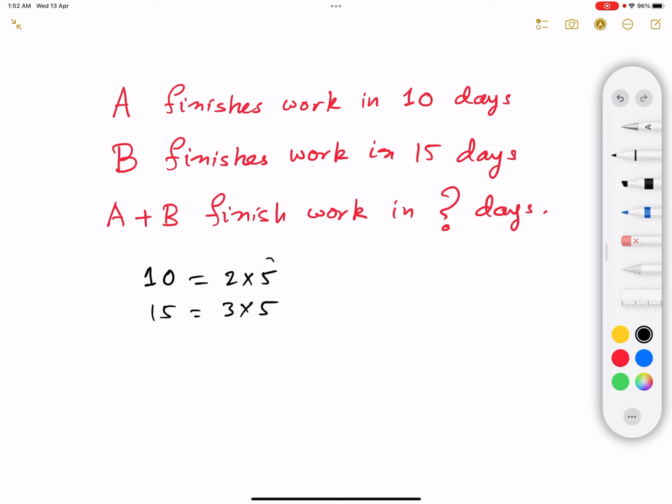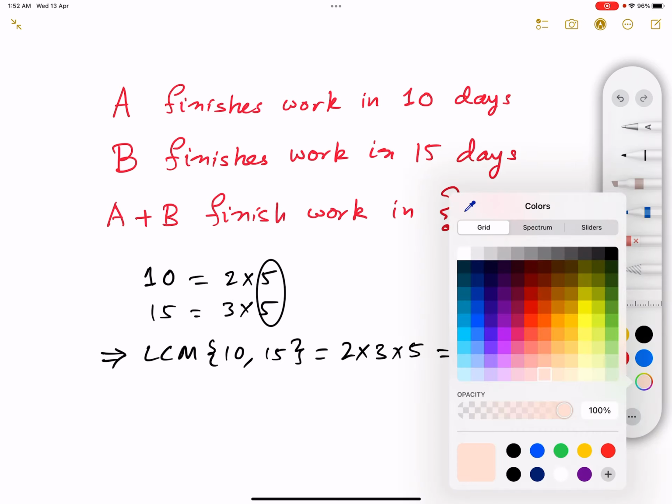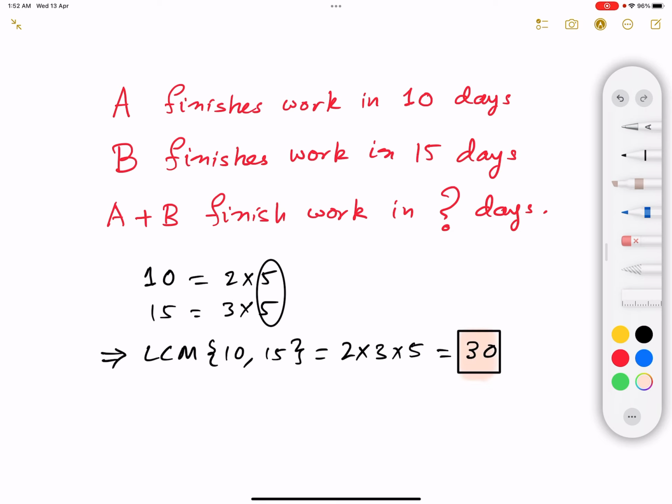You take one of the common ones, and then the least common multiple of 10 and 15 is going to be 2 times 3 times one of the 5s, which is 30.